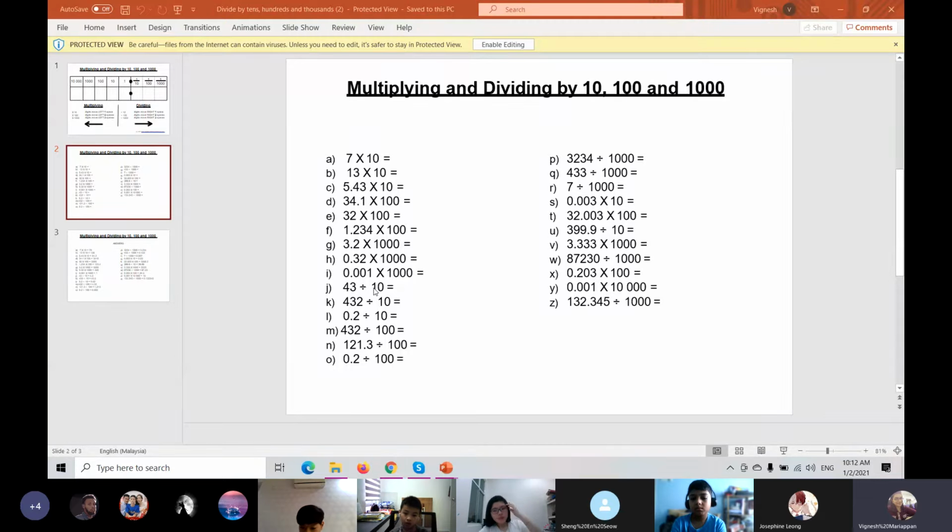If divide 10, just move one decimal place to your left. That's it. Fiona, 432 divide 10. 43.2. Correct. Good.